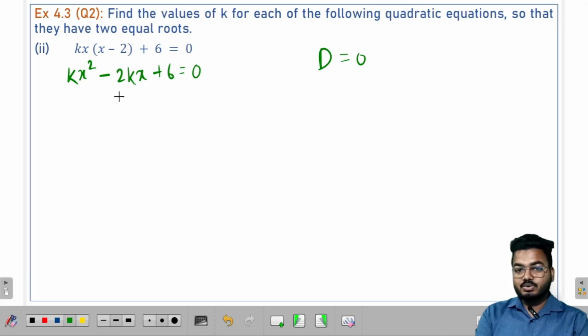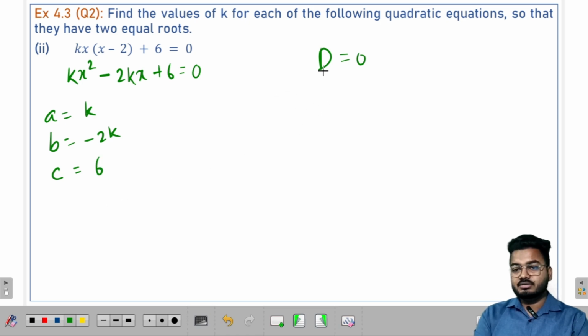Now I have to write a, which is k, b, which is minus 2k, c, which is 6. Okay, now d अगर 0 है तो b square minus 4ac, it will be 0. What is b square? (Minus 2k) square minus 4 into a, what is a? k, and what is c? 6.